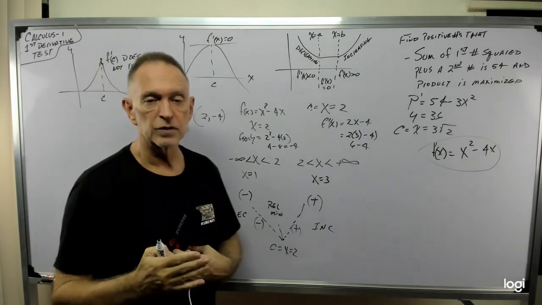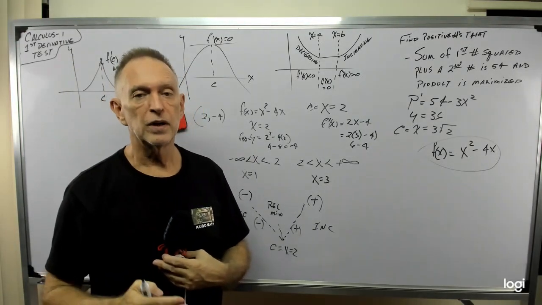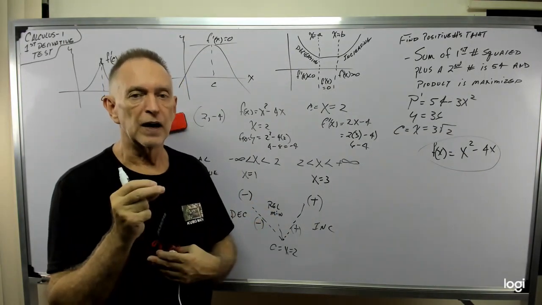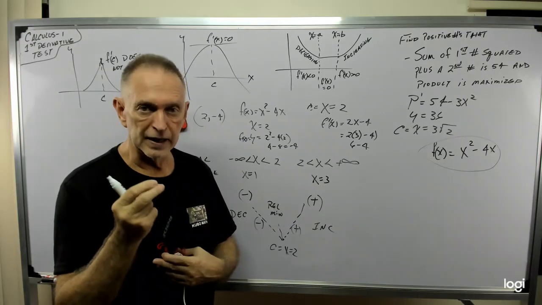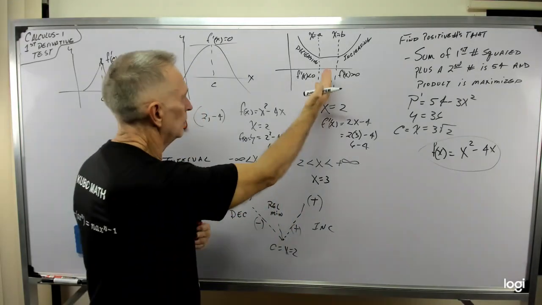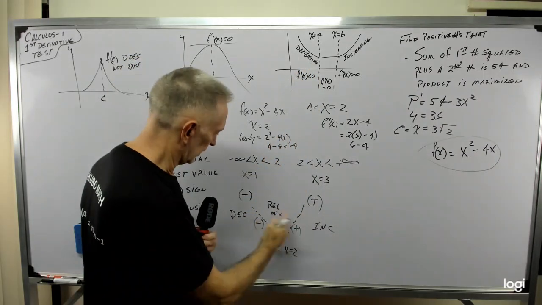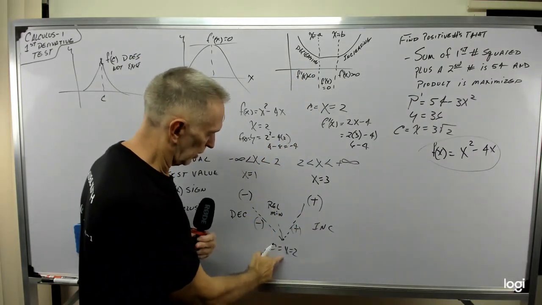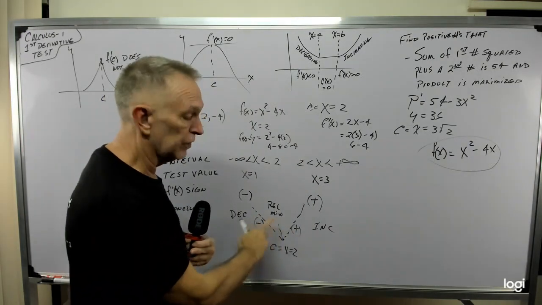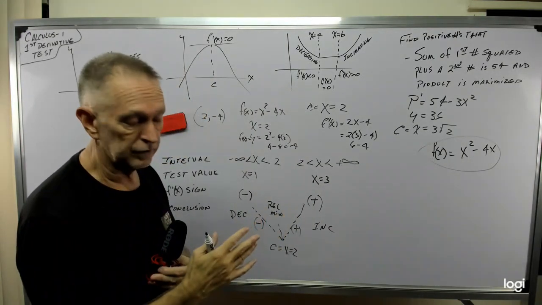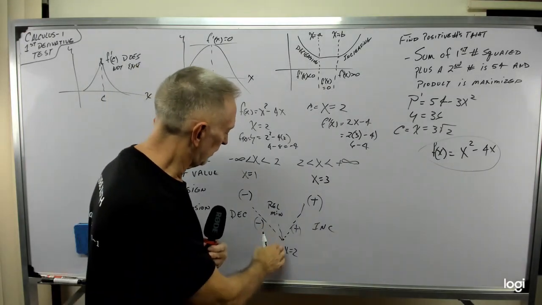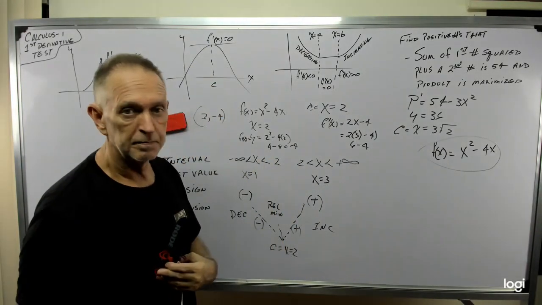This was the first derivative test looking at increasing and decreasing functions, finding the derivatives, finding the critical value, looking then at if it's decreasing or increasing around that critical value, noting the sign of the derivative on either side of C, and then determining if it's a minimum or a maximum.